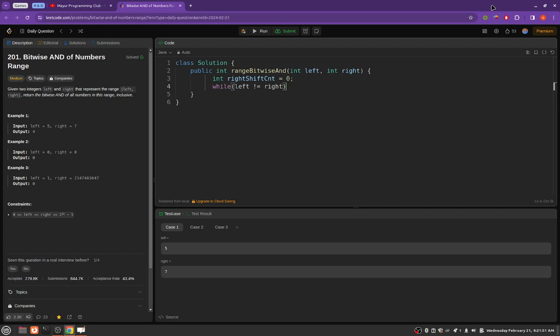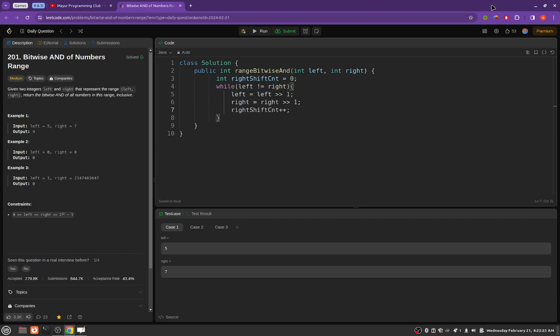You will right shift your left by 1 bit, and do a similar thing for your right. Once you are done with it, you will increase the right shift count.